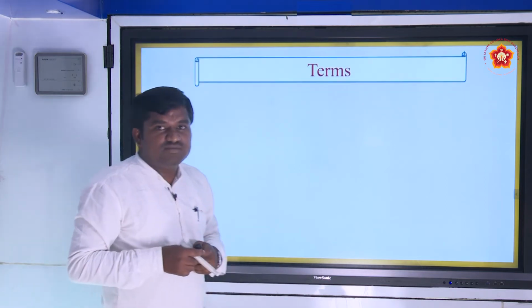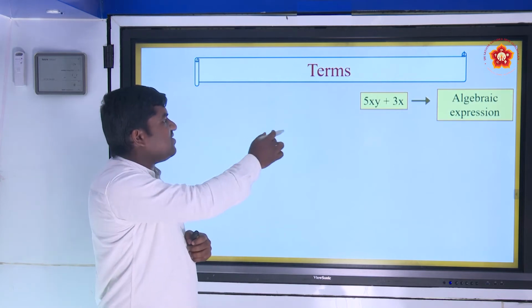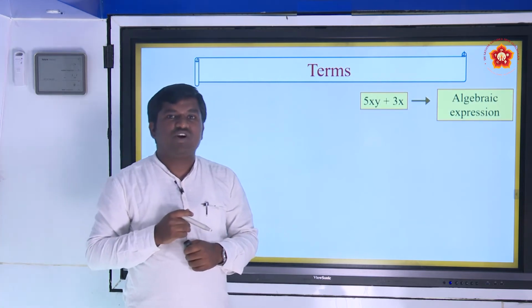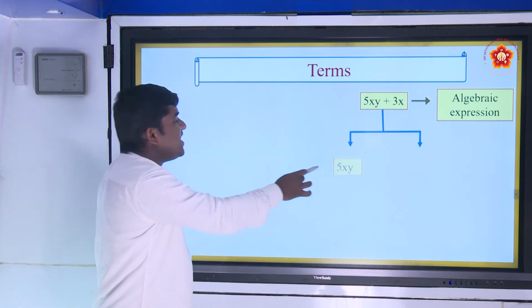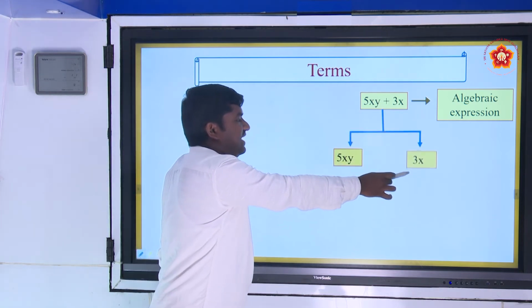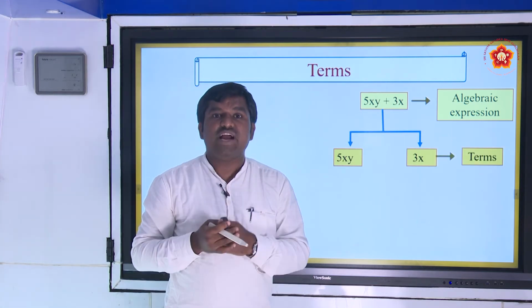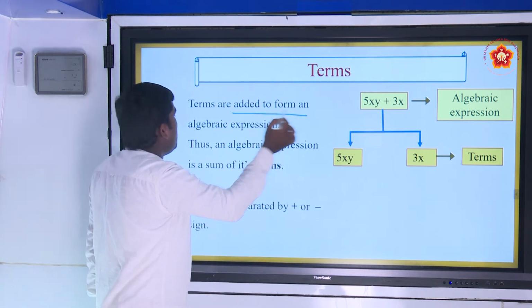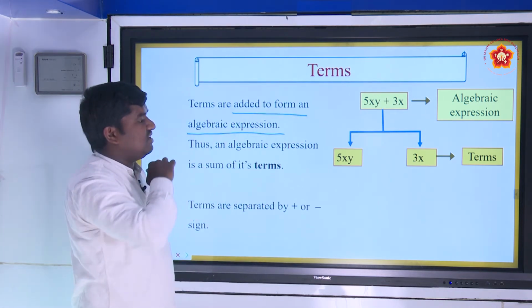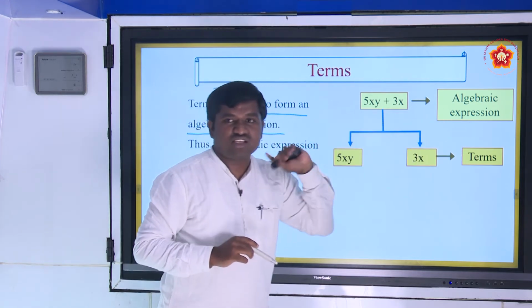Next, terms. What is meant by terms? You know 5xy plus 3x is an algebraic expression. In 5xy plus 3x, 5xy and 3x, these two are called terms. Terms are added to form an algebraic expression.